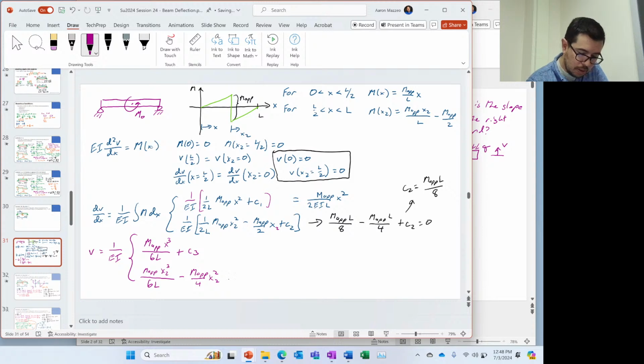And this is going to be plus, so now we know that it's M_AP, so it's going to be this plus a C4. Does that make sense? Did I do that math right? Not sure, but yeah, the process makes sense.